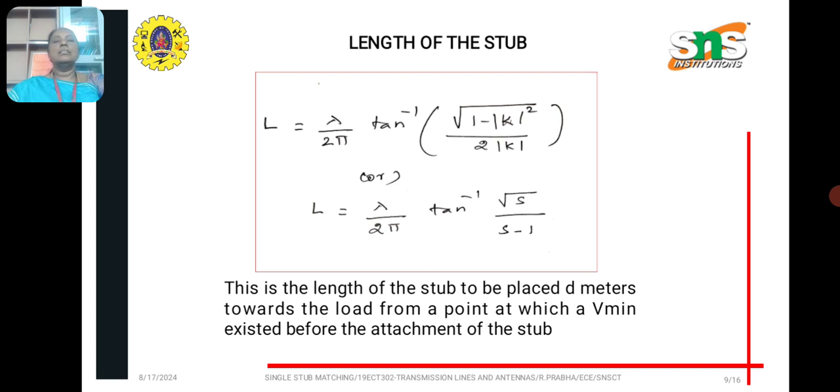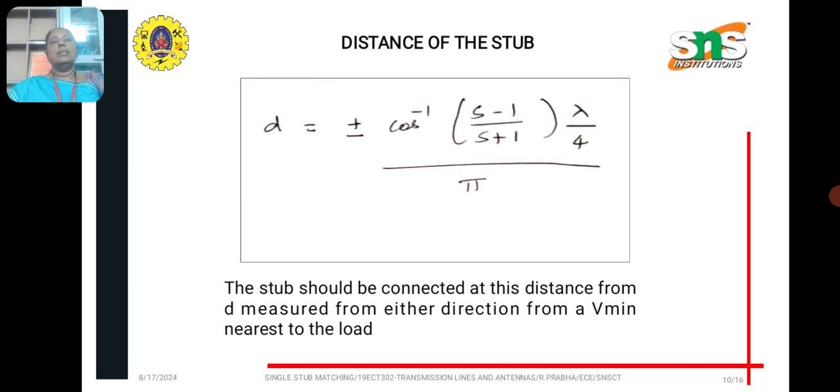This is the length of the stub to be placed d meters towards the load from a point at which the first V minimum existed before the attachment of the stub. The distance d is calculated from the formula d equal to plus or minus cos inverse of (S minus 1) by (S plus 1), into lambda by 4 pi. At this distance, the stub should be connected, from either direction, from the V minimum nearest to the load.